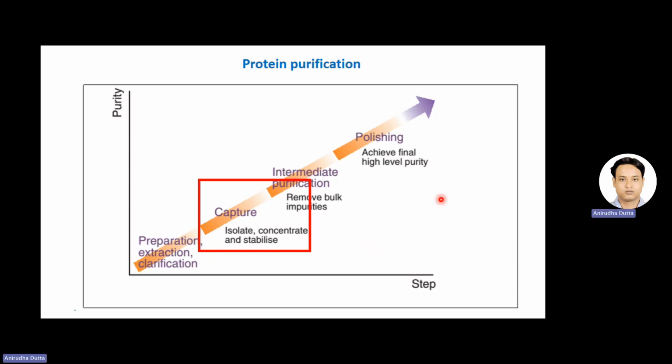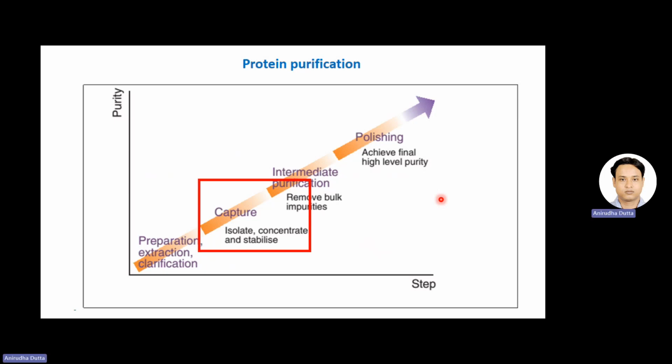So as you remember, we discussed IMAC, or immobilized metal affinity chromatography, or nickel NTA chromatography. That chromatography was for the capturing of recombinant protein that already has a hexahistidine tag. Okay, so we can capture recombinant protein with hexahistidine tag using IMAC.